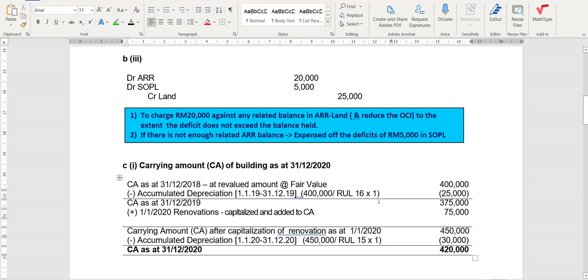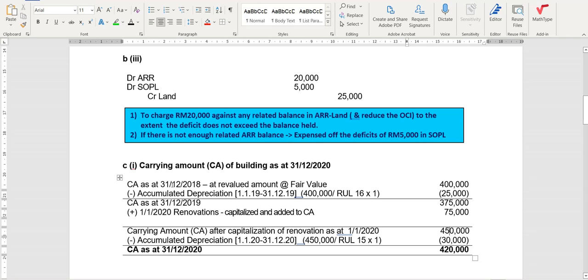So if you take 450,000, the carrying amount after the renovation was added to the revalued amount of 375,000, which is 450,000 now, that will give you the carrying amount as at 31st of December 2020 to be 420,000.